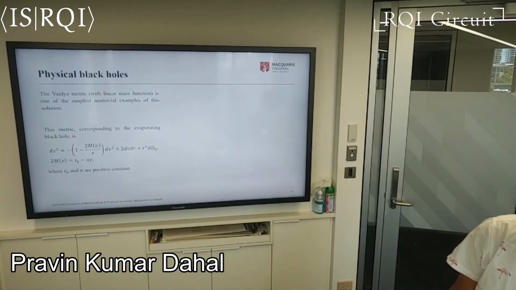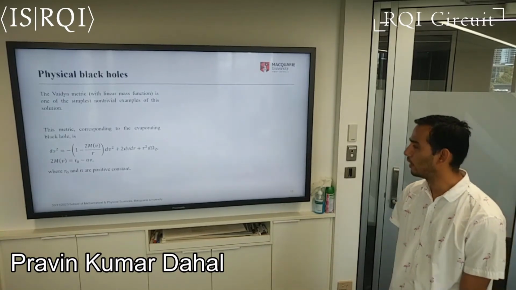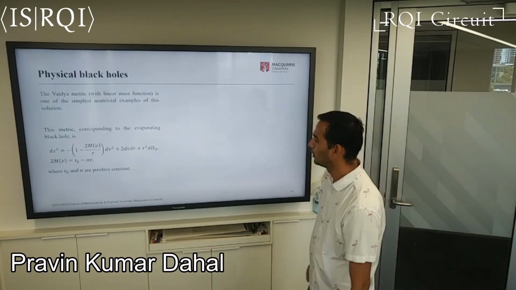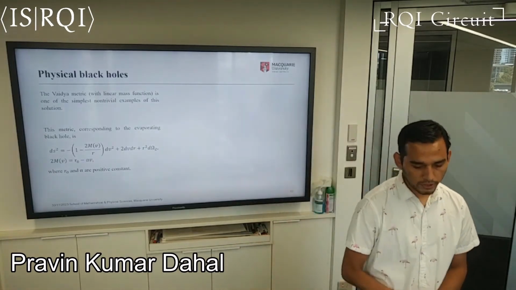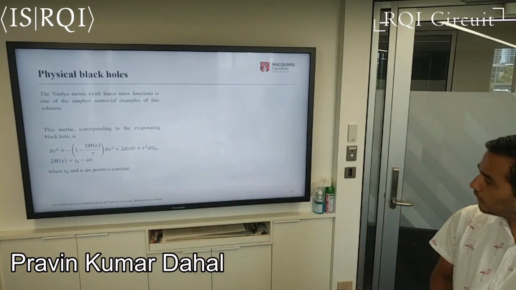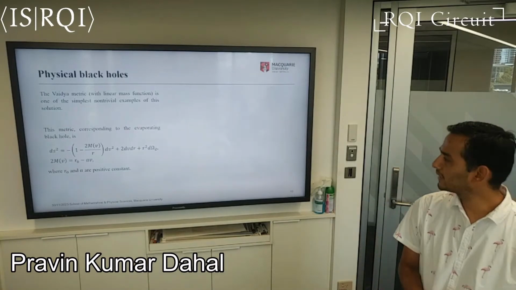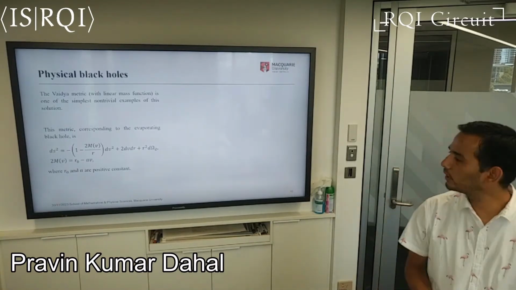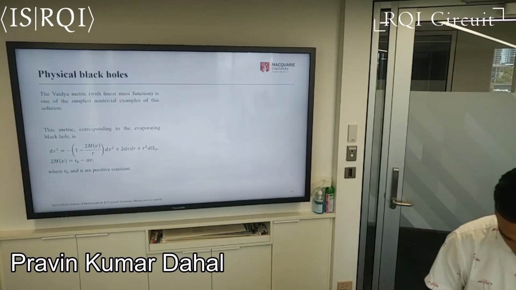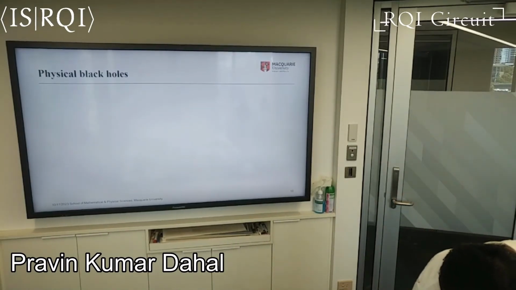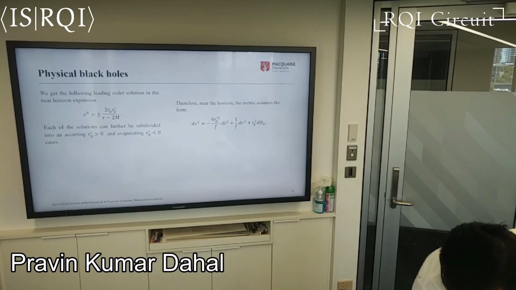And if we write the Vaidya metric, especially in advanced coordinates, it takes this form. So this is the linear Vaidya metric. And in the linear evaporation case, we can do an exact coordinate transformation. So we have a coordinate transformation relationship to write this metric into the form I have shown before, explicitly this form, so it's compatible.